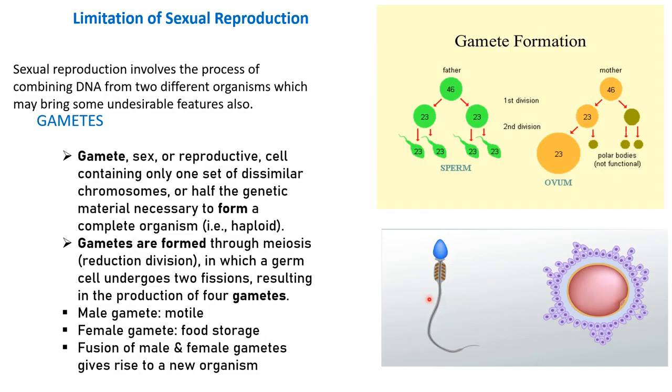So we can see the different types of gametes, and because of that there are different organs in male and female, as well as in human beings and many animals. The body structure is also different. Male body structure and female body structure are different, right? This is the main cause, because they have gametes which have different structure and different purpose.